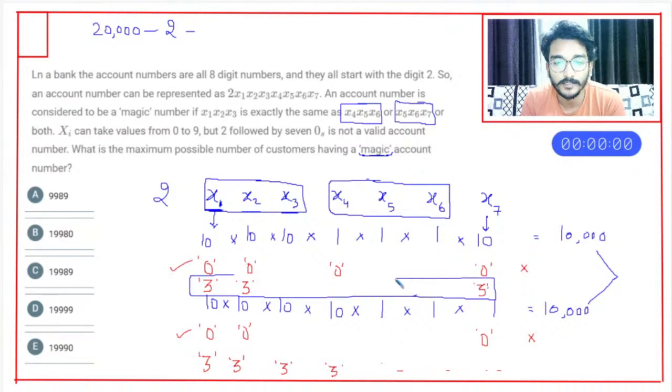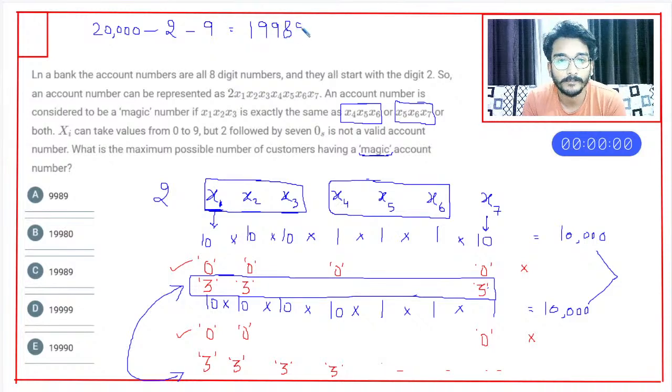There is no condition on such cases, but they are included 2 times. So I have to remove one of the cases. And if I have to remove one of the cases, these place values can be taken by 9 digits. So I have to exclude those 9 possibilities. So 11 possibilities are excluded. It is 19,989. So this is the answer for this question.